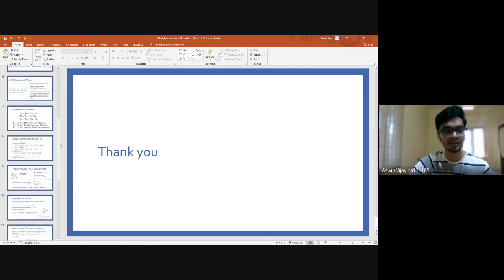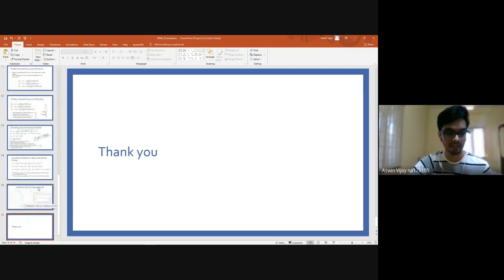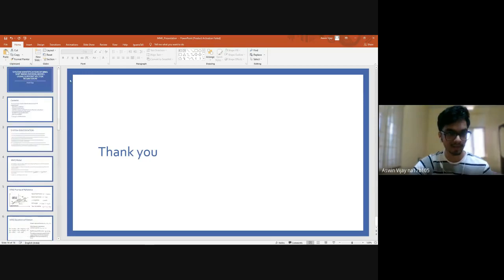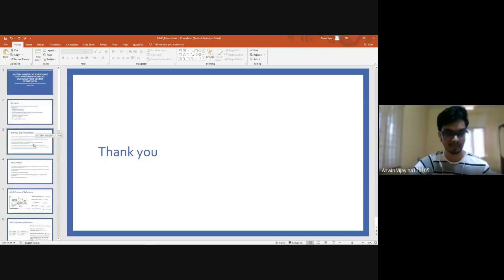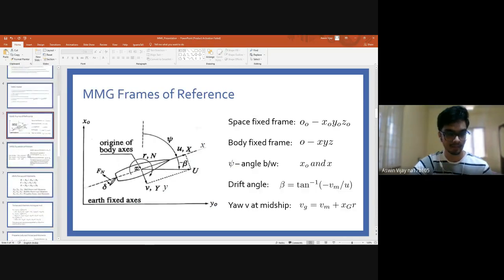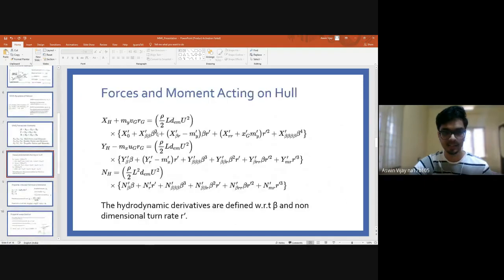Then I would take the data from these maneuvers and try to get back the derivatives, compare with what I have input and what I have output, calculate the error, and see how best to fit the model.